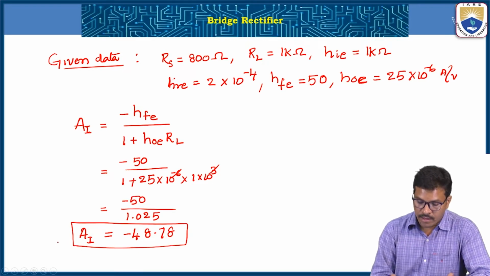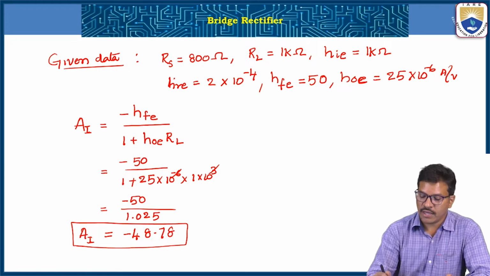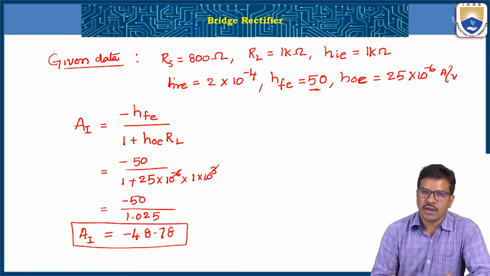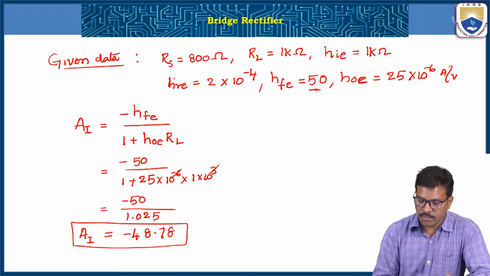Actually, hfe is also the current gain. The forward current gain hfe in the given data is 50. The device parameter forward current gain is 50. But when we connect it in a CE configuration amplifier and substitute in the formula, it is reduced.